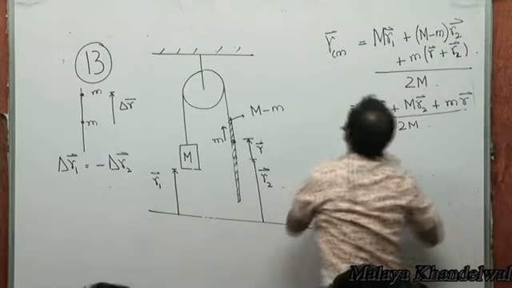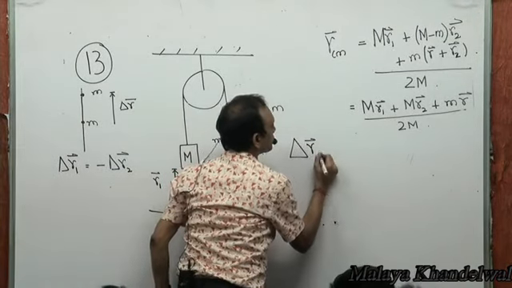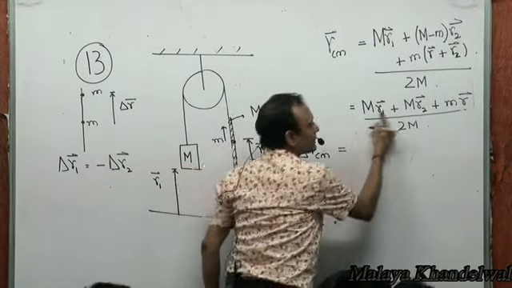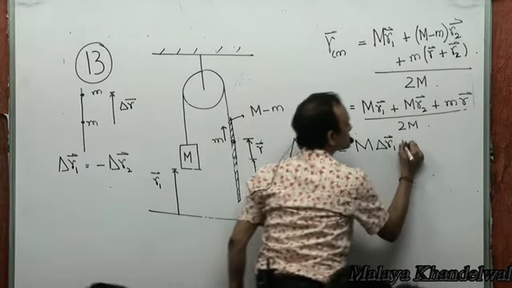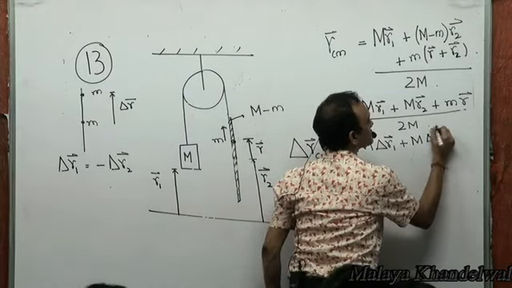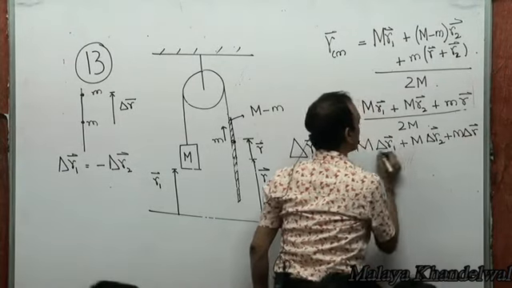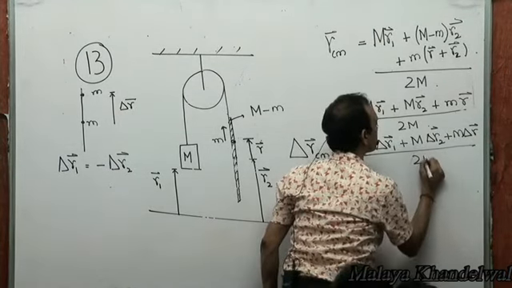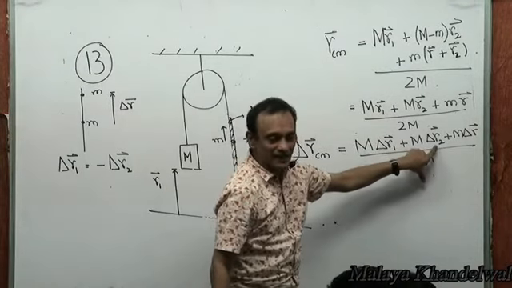Yes or no? So the change in the position of the center of mass is going to be capital M into change in r1 plus capital M into change in r2 plus small m into change in r divided by 2M. Yes or no? But delta r1 is minus delta r2.